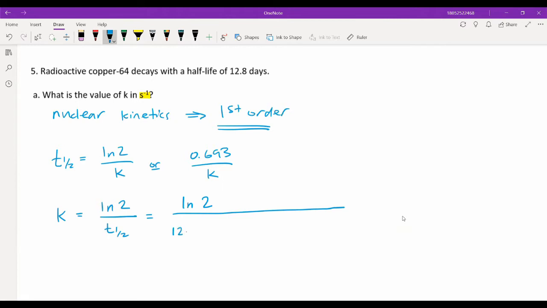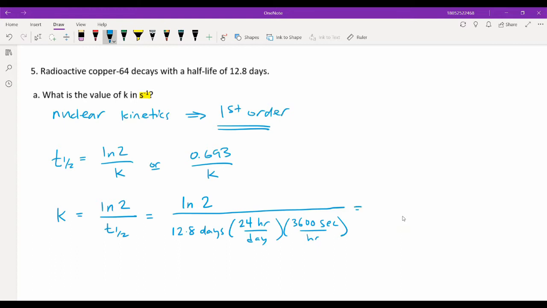So here I'm going to do some dimensional analysis. We have 24 hours per day and 3,600 seconds per hour. That's just 60 minutes times 60 seconds per minute.